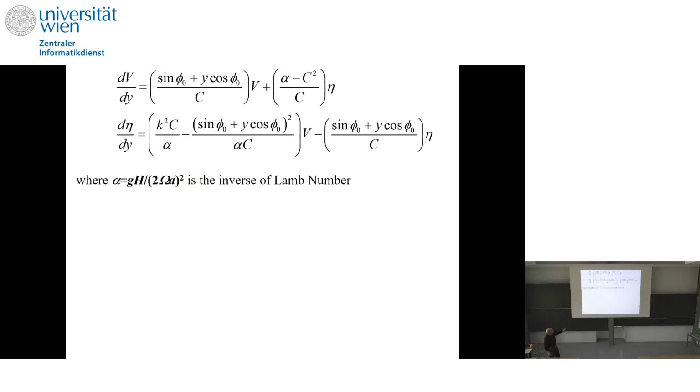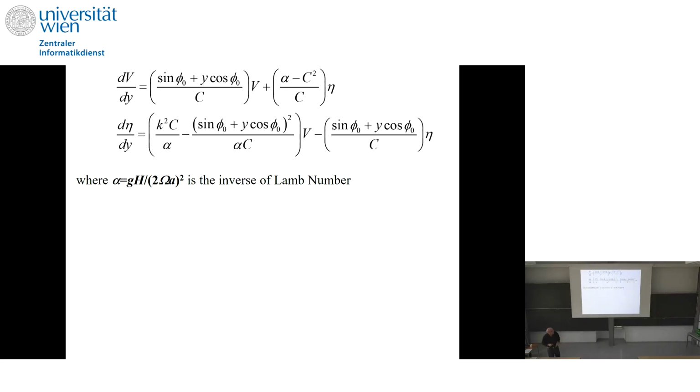The only additional parameter is this alpha, which takes care of all dimensional parameters in the problem, g times h over 2 omega a, all that squared. So this is velocity squared over velocity squared, so it's a single non-dimensional parameter, in addition, of course, to k and c, or k and omega.